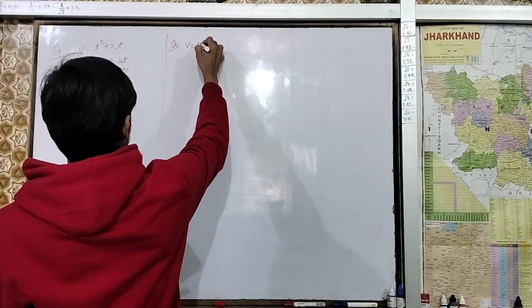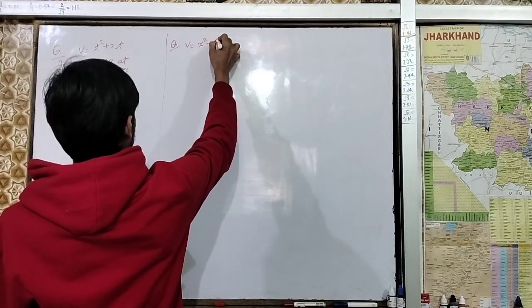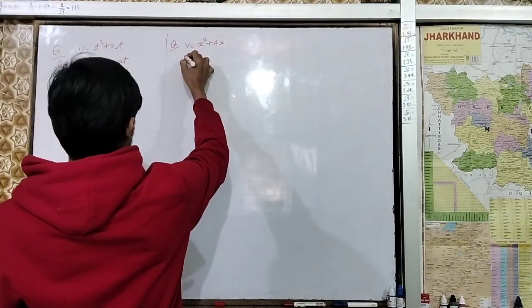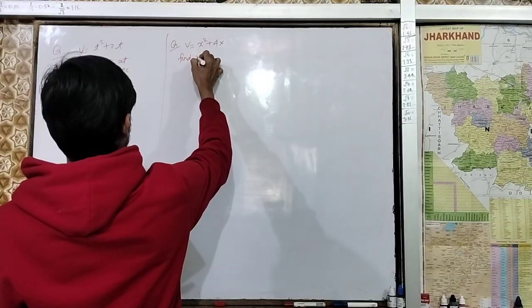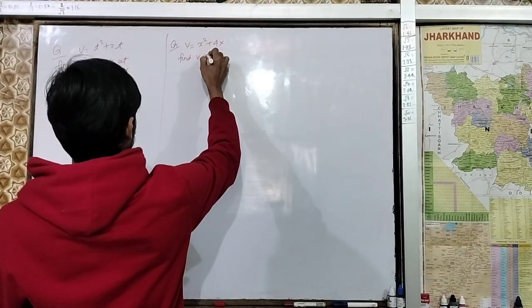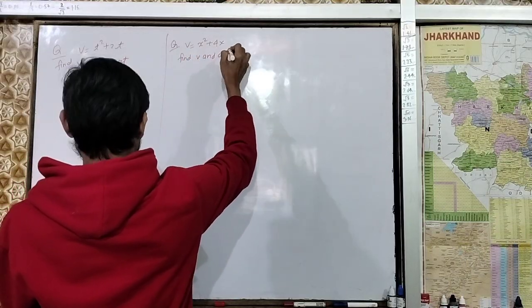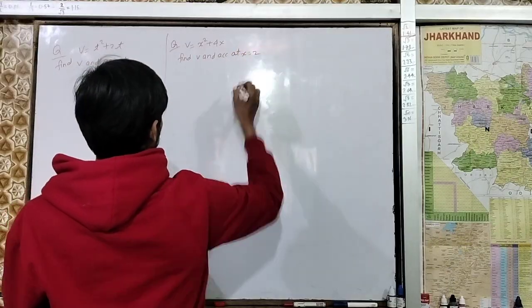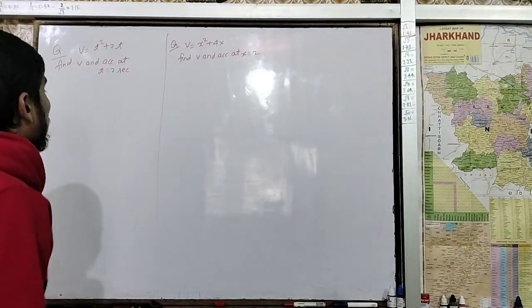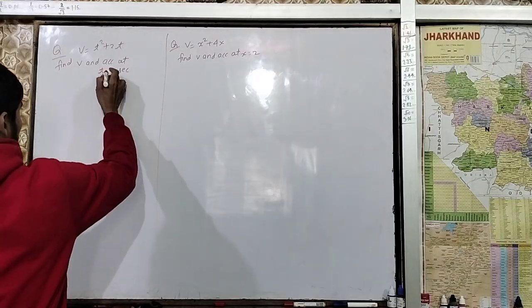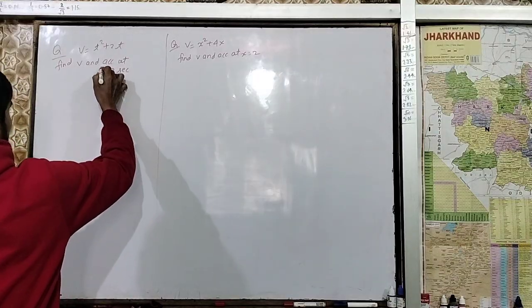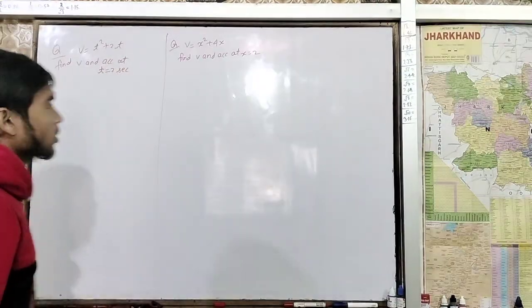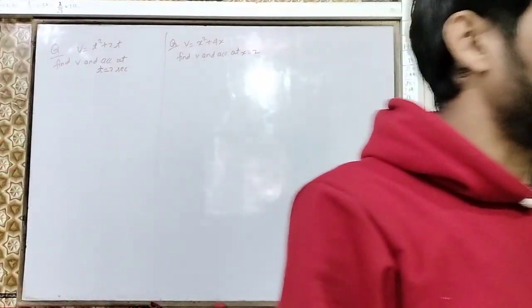Again, V is given, x square plus 4x. Find V and acceleration at x is 2. At x is 2.